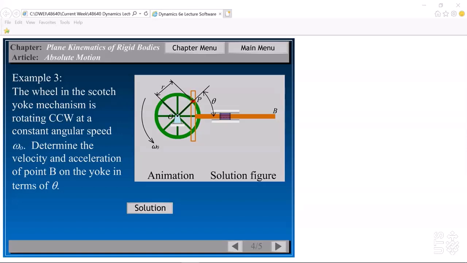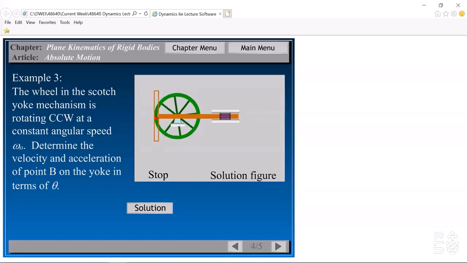This one can only have rectilinear translation. So obviously you can see the motions can be related to each other. And here the task is to determine the velocity and the acceleration of point B on the yoke in terms of theta.